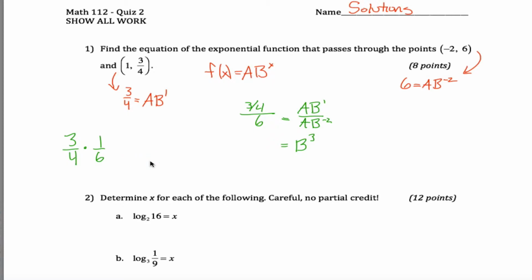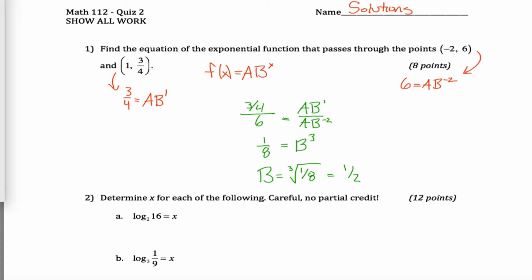And rather than show all that work, I'll just write that this is just 1/8. So then I can figure out b by taking the cube root of both sides of the equation. b would be the cube root of 1/8, which turns out is just 1/2.